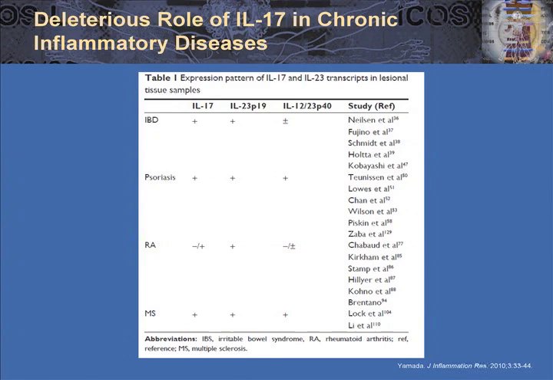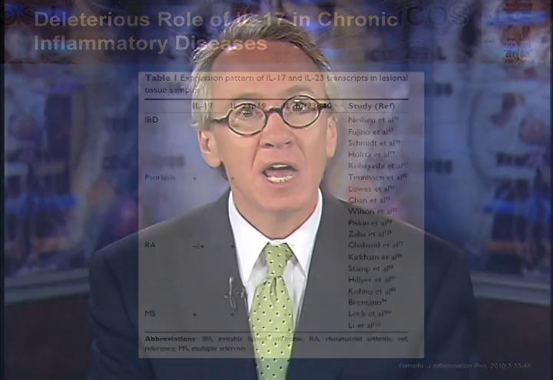And indeed, if we look at the expression of some of the signature Th17 pathway cytokines in chronic inflammatory diseases, such as IL-17 and the IL-23 subunits, which I said was a necessary survival factor for Th17 cells, we see that these cytokines are increased in inflammatory bowel disease, psoriasis, rheumatoid arthritis, and multiple sclerosis, suggesting that all of these cytokines may be viable targets for inhibition to achieve therapeutic benefit in the chronic inflammatory diseases that we treat on a daily basis.